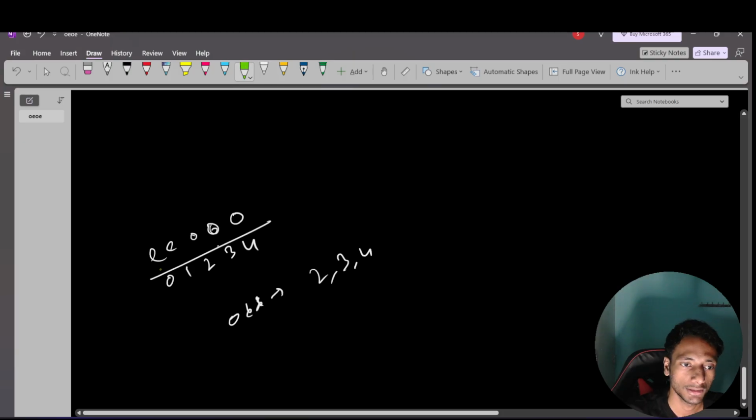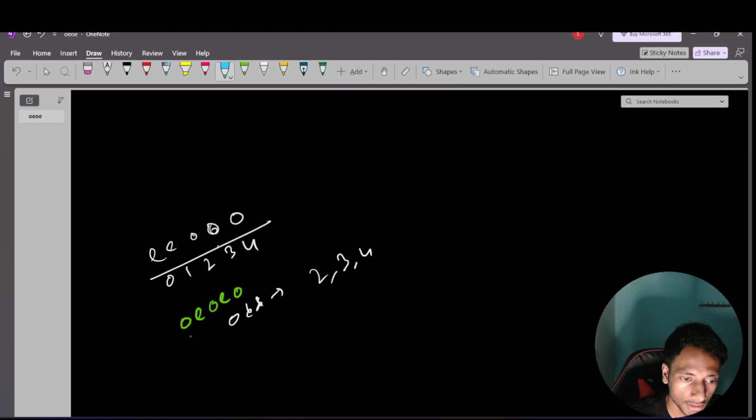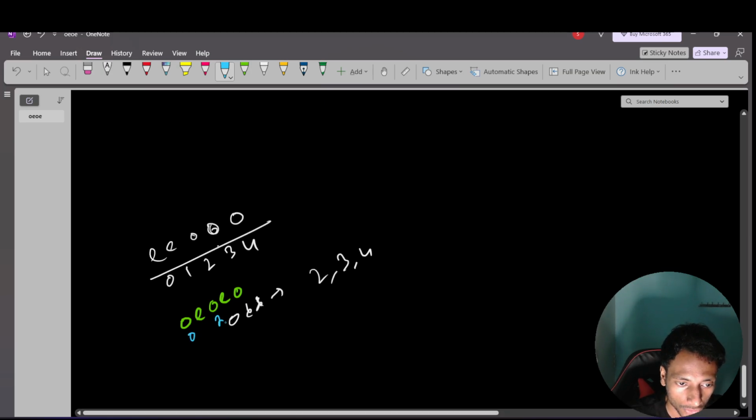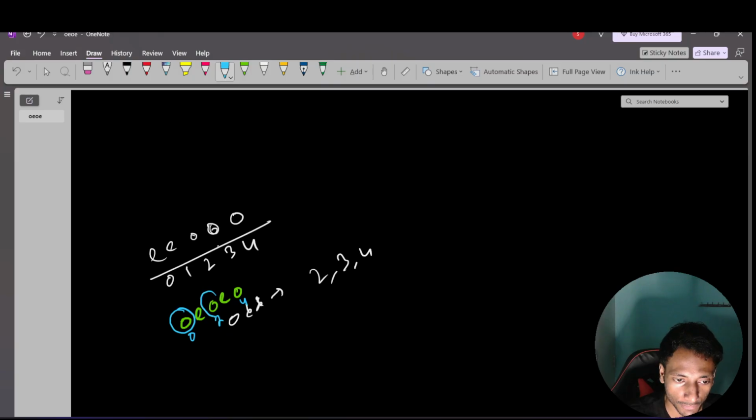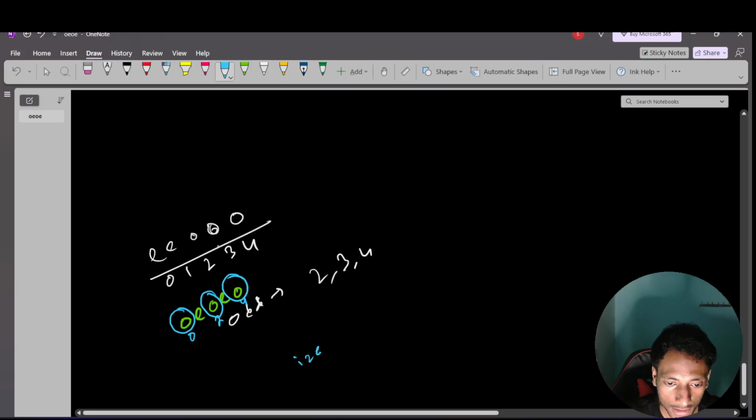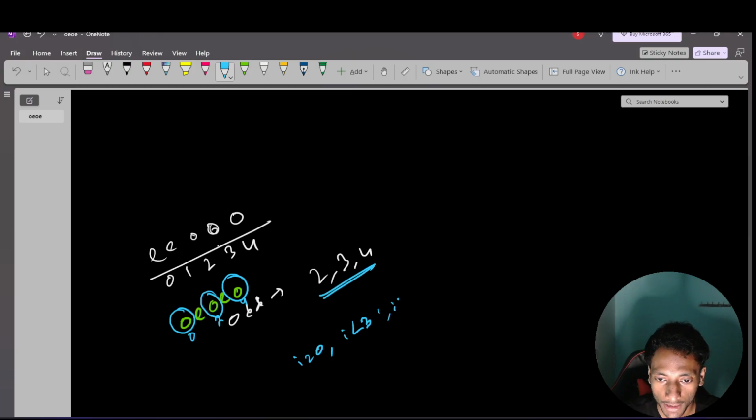Now in the resultant, what are the positions? It will look like odd, even, odd, even, odd. So the target positions are 0, 2, 4. You can see that odd is present at index 0, next at position 2, next at index 4. So i is equal to start, i less than or equal to 3, since 3 odd numbers are present, i plus plus.